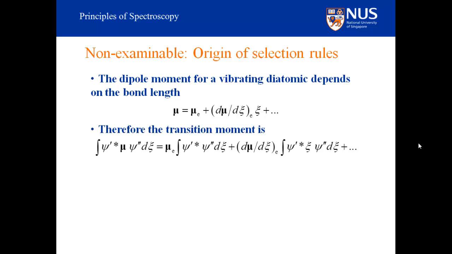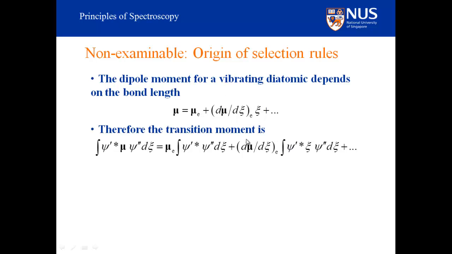So I know that my dipole moment is a function of the displacement. I can substitute it into my calculation of my transition moment here. The mu e is the dipole moment at the equilibrium position, and so it is a constant, and so it can come out of the integral. How about this second term?